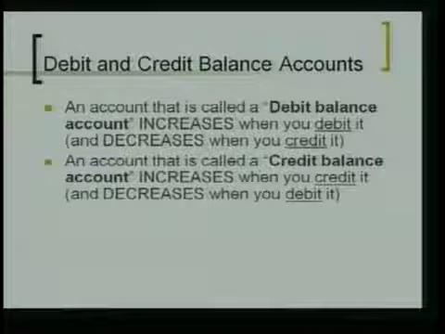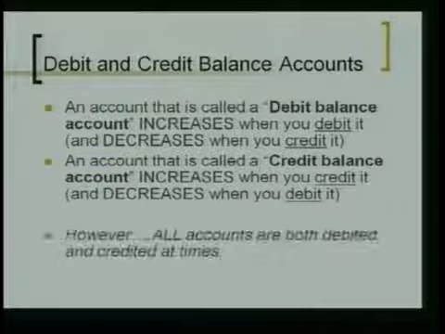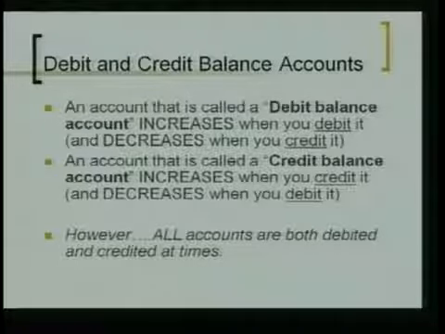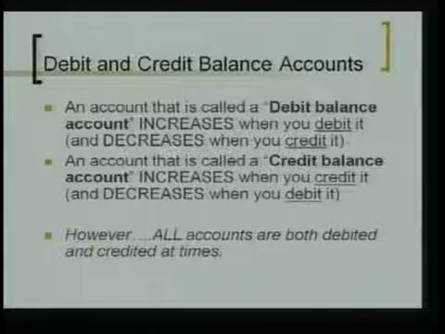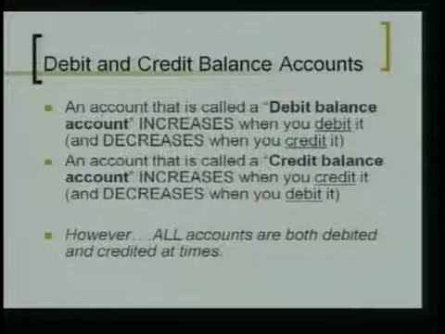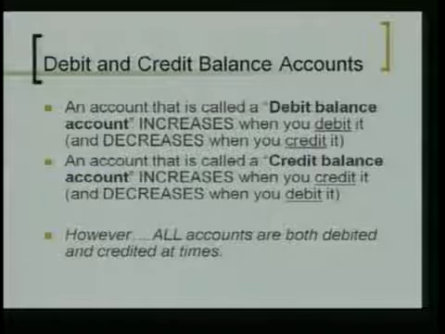You with me? Now, all accounts are debited and credited at times. Okay? Sometimes people think, okay, so a debit balance account can only be debited. No. All accounts are both debited and credited. We just have to know for that specific account if when it's debit, that means it's being increased or decreased. Are you with me? Okay?